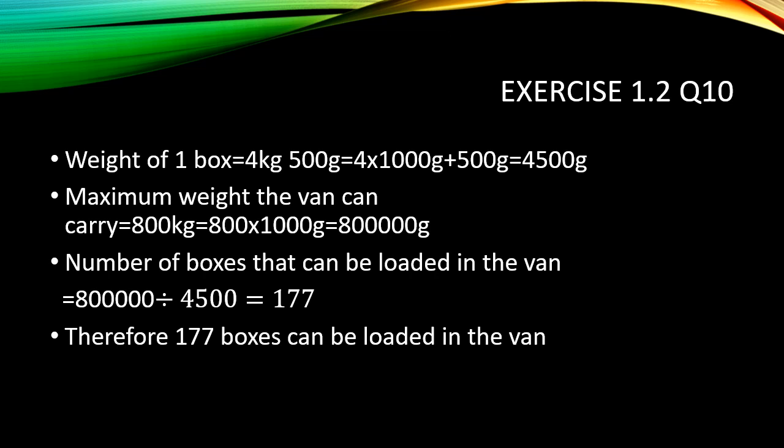Maximum weight the van can carry is 800 kg. That is equal to 8 lakh gram. Number of boxes that can be loaded in the van is equal to 8 lakh divided by 4500, that is equal to 177. Therefore 177 boxes can be loaded in the van.